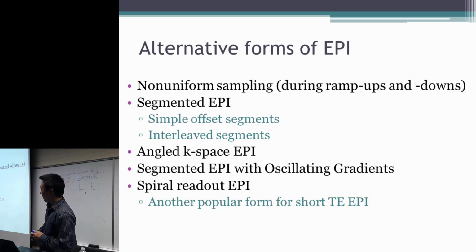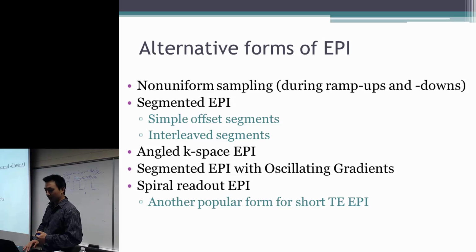There is a segmented EPI, so we can collect the EPI in the two segmented schemes we mentioned before, because as we said before, there is T2 star decay, so we would like to have the whole readout train within the T2 star range. So by doing this segmented EPI, we can actually shorten the readout train, so that we can achieve a higher resolution, so that the resolution is not limited by the T2 star filtering effect.